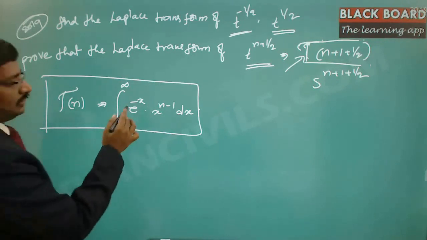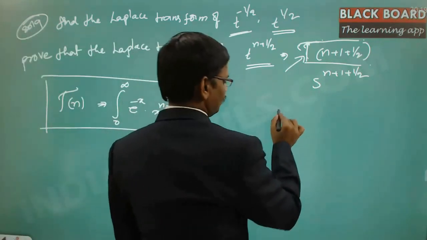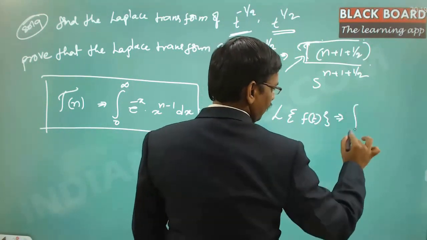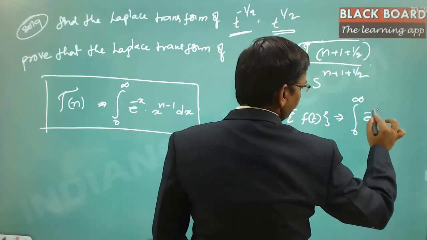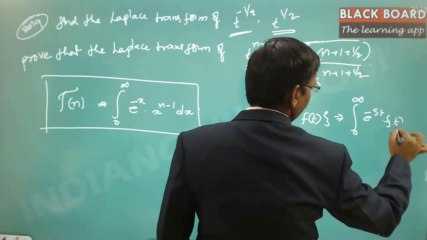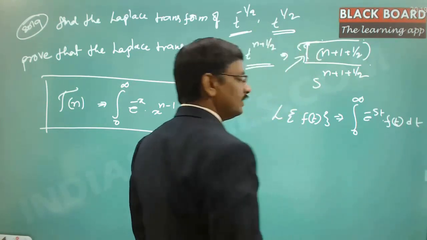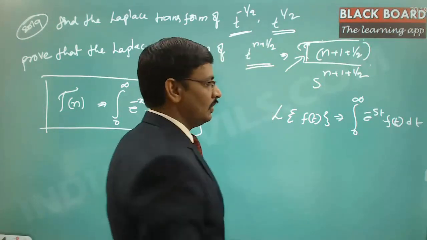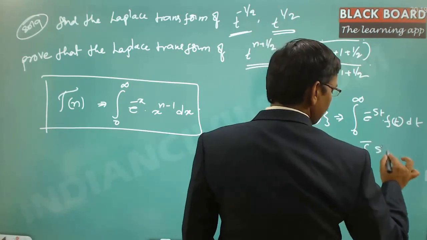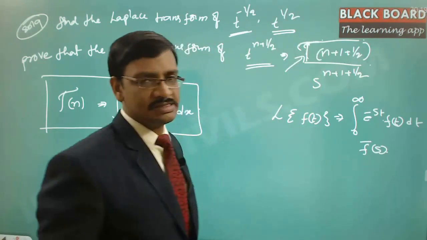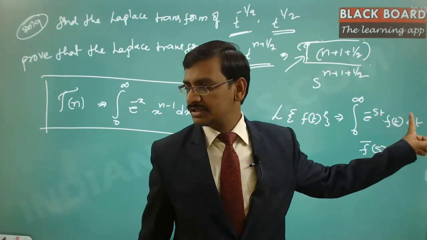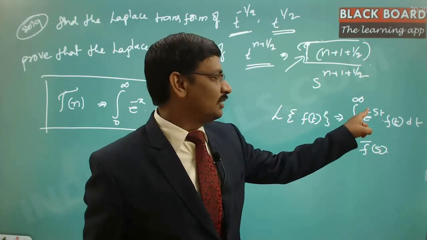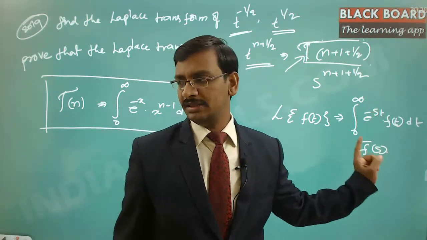If you notice, the way we do the Laplace transform of any particular function f of t, the integral from 0 to infinity of e power minus st f of t dt, once we find the Laplace transform, you are left with a function of s alone. Why? Because you are integrating with respect to t and substituting the limits of t. Hence you will be left with only one parameter, s, in this case.